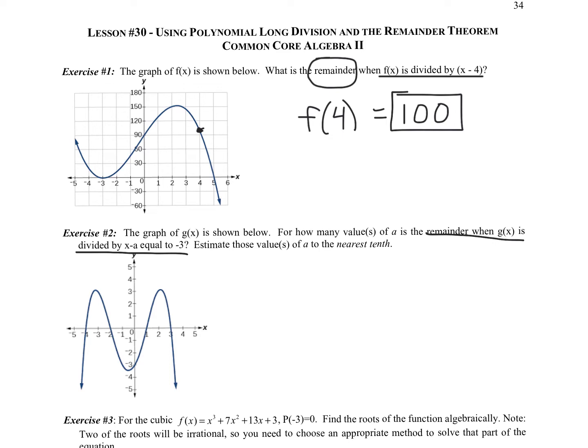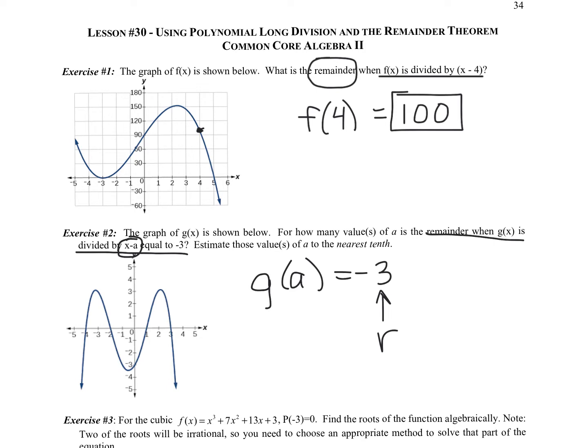So we know to find that remainder, we would evaluate the function at positive a if our factor is x minus a that we're dividing by, and they're telling me what the remainder is. So they're telling me that wherever these spots are, the y value equals negative 3. That's the remainder, right? So looking here, that's a y value.